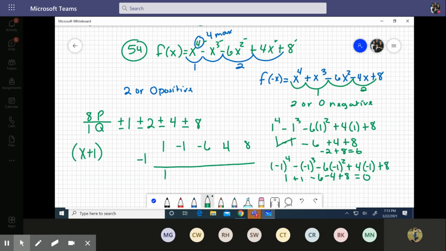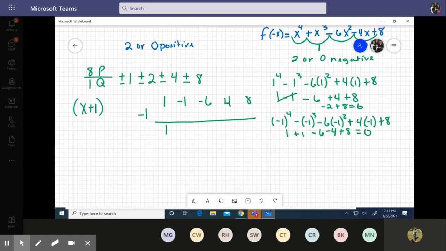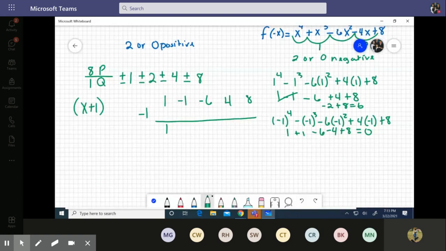Bring down that 1. -1, -2, 2, -4, -4, +4, 8, -8, and that's gone. So this was x to the 4th, so now I have 1 x to the 3rd minus 2x squared minus 4x plus 8.